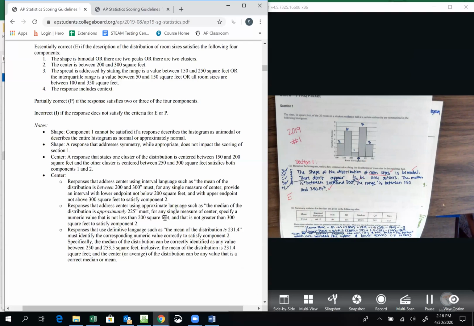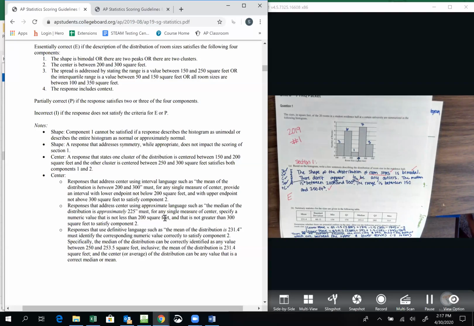Responses that use definitive language, such as the mean is 231.4, must identify the corresponding numeric value correctly to satisfy component 2. Specifically, the median can be correctly identified as any value between 250 and 253.5. The mean is 231.4. And the center or average of the distribution.